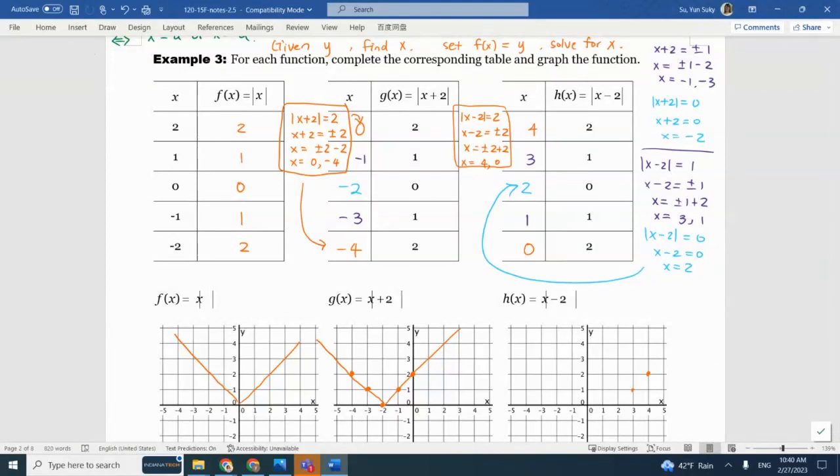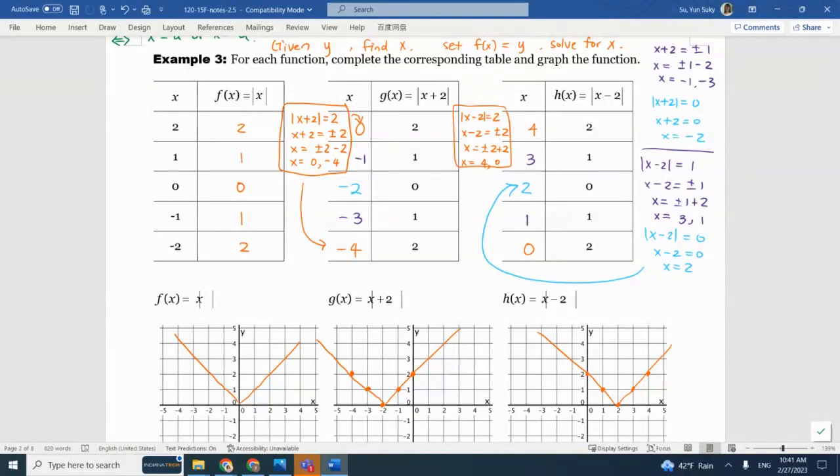When x is 3, the y is 1. When x is 2, the y is 0. When x is 1, the y is 1. When x is 0, the y is 2. Do you see we have the same shape? We just move to the right 2 units. Okay? So in this process, notice that the y remains the same.